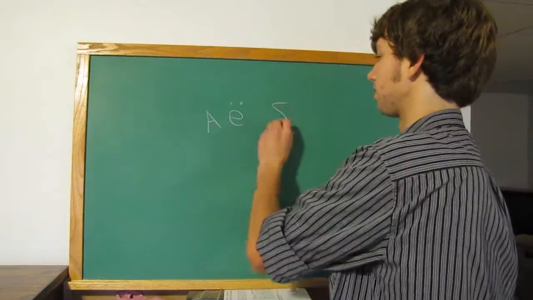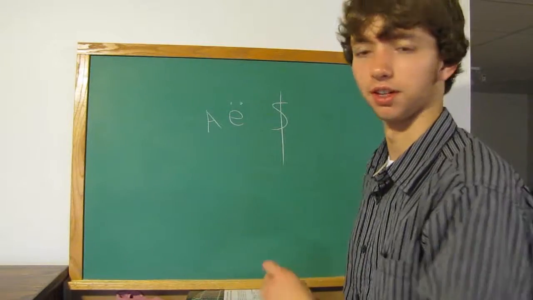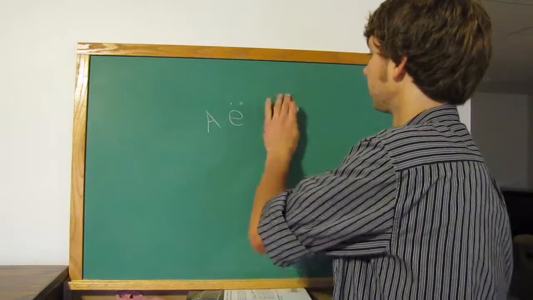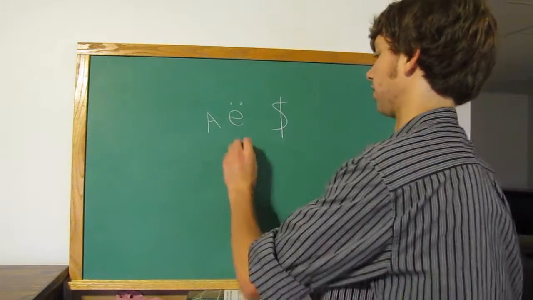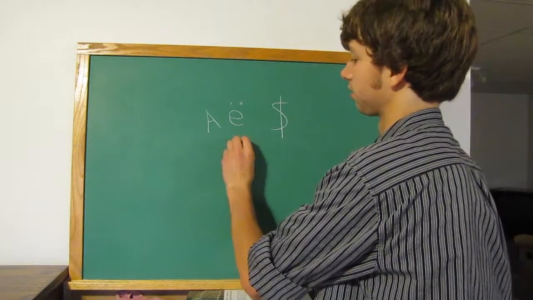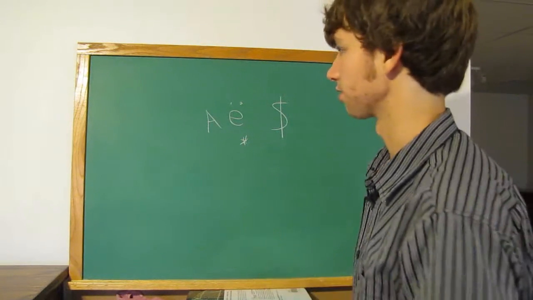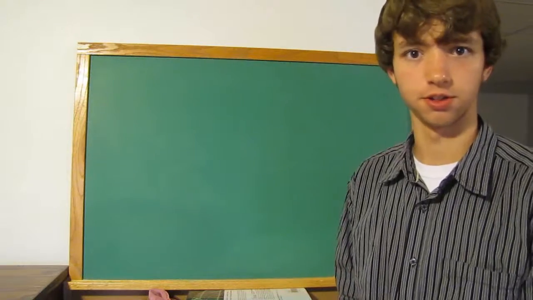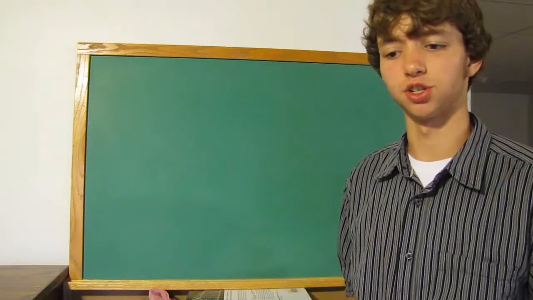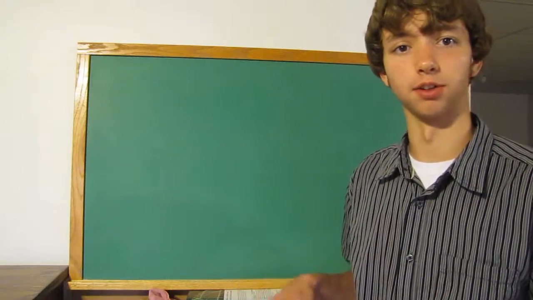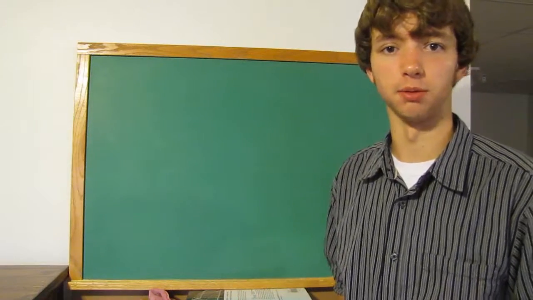Then there's the money sign, dollar sign, I should say. And there's like the asterisk. These are all characters, and a character set is just a group of these characters that you can use within your database.